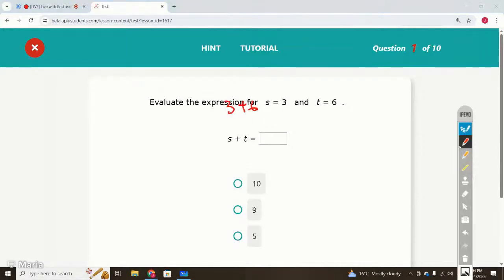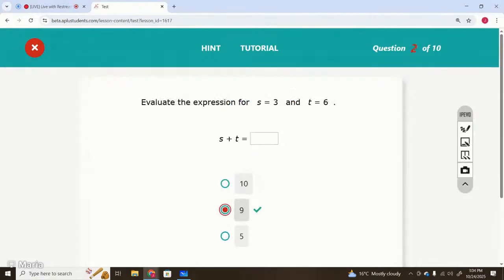So s plus t, that is 3 plus 6, 9. Option number 2 is the correct option.